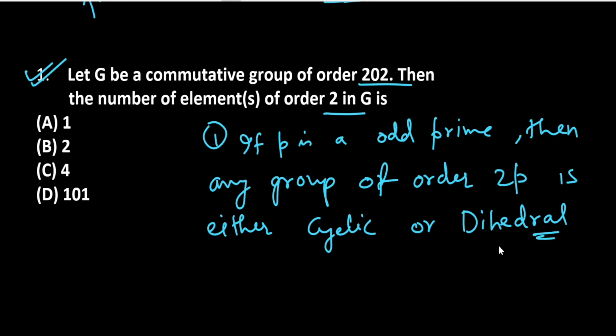Now it is given that it is a commutative group, and since the dihedral group for n greater than or equal to 3 is not a commutative group, the group of order 202 must be cyclic.